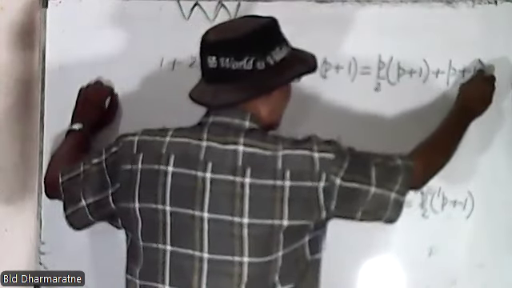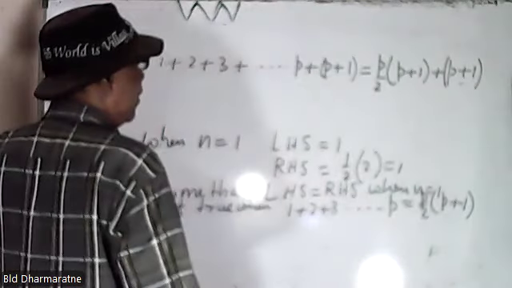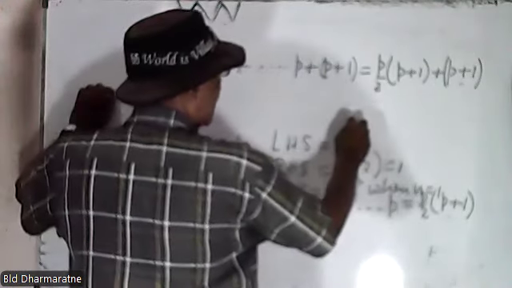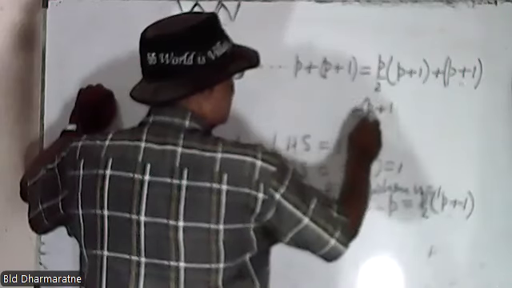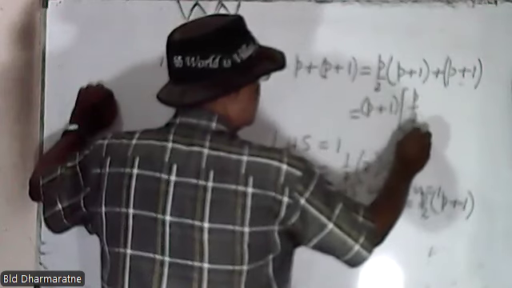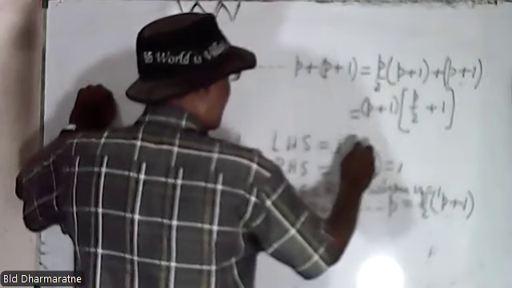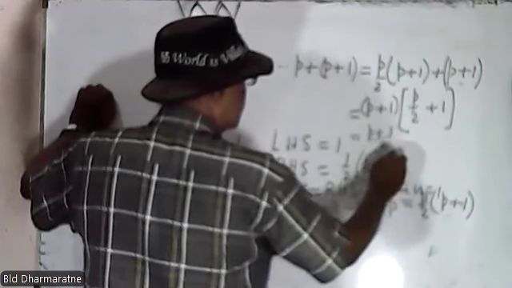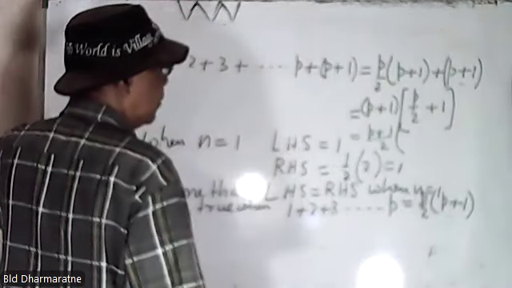Now, using any calculation method, we are going to prove that the formula also holds for n equals p plus 1. How to do that? We can take out p plus 1 as a common factor. Now we get p plus 1 times (p over 2 plus 1), which is p plus 1 over 2, with p plus 2 inside.